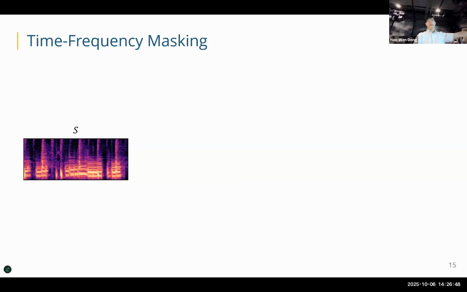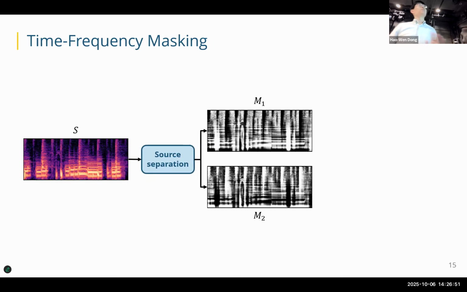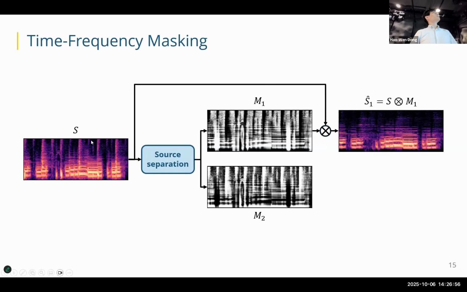So you will have a spectrogram and you want to do source separation. You want to get two masks, and you will just apply each mask on top of the original spectrogram. So in this case, you will get all the horizontal things out. Forget about these vertical things, because they get multiplied by regions without any magnitude, so that basically times 0 and doesn't have any effect.